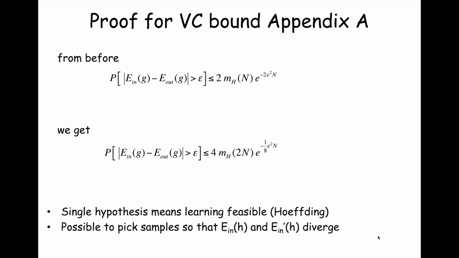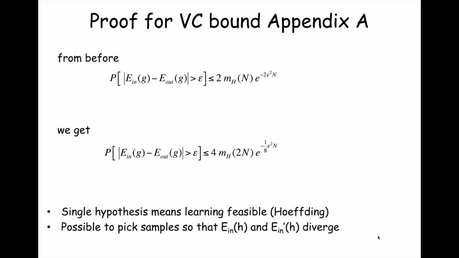Okay. And so the expression we get, we have the probabilistic bound, that bad event, that in-sample error for your final best hypothesis diverges from E out of your best hypothesis by greater than some epsilon is at most 4 M sub H of 2n, because you have twice as many samples from the first draw and the second draw.